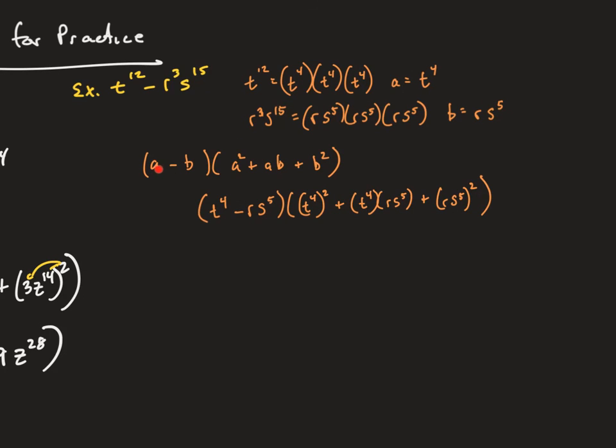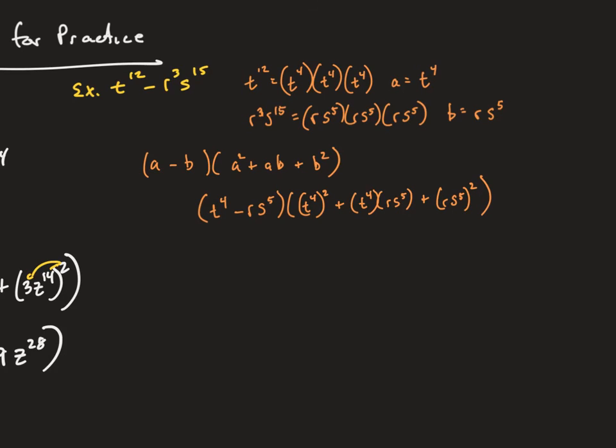So using my difference of cubes, I have a minus b multiplied by a squared plus ab plus b squared. So a, we said, was t to the 4th, minus b, which was rs to the 5th power, and that is going to be multiplied by a squared plus a times b plus b squared.